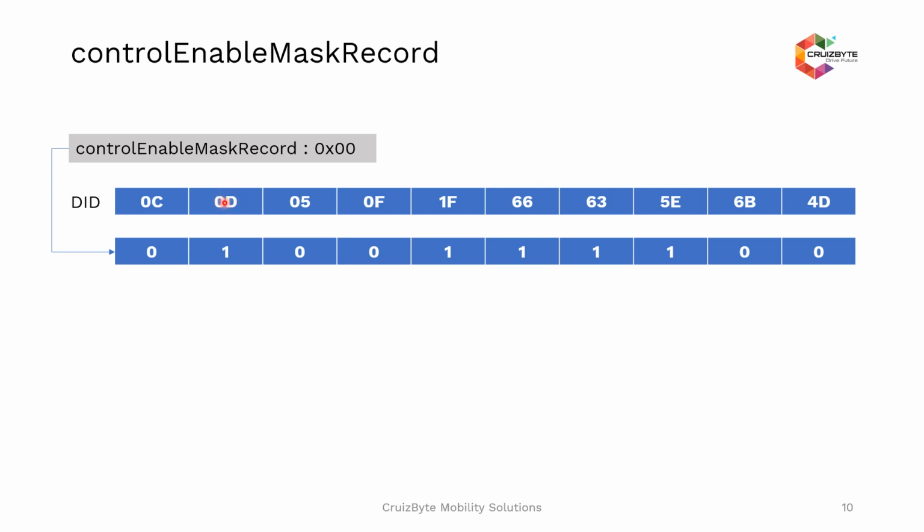In that case, there is one more parameter called the control enable mask record. This parameter is used along with the request, where it says which parameters I want to change as part of the request.